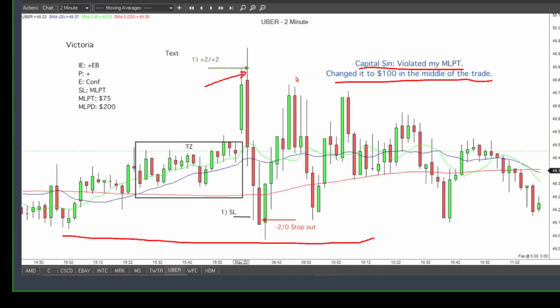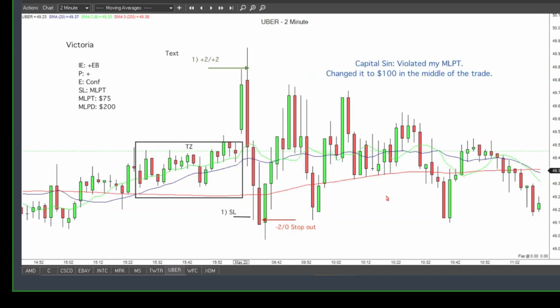But my question is this: was this set up properly for max loss per trade? She entered roughly around 49.90, and max loss per trade should have been way down here. So if she started at $75, that would have given her about 40 cents. Basically, if she was long 2 lots, that's her stop, right?